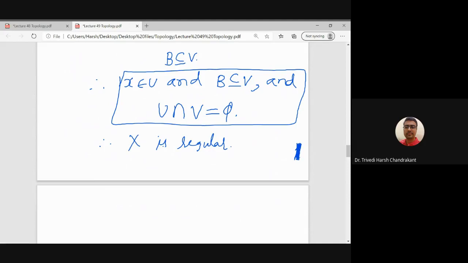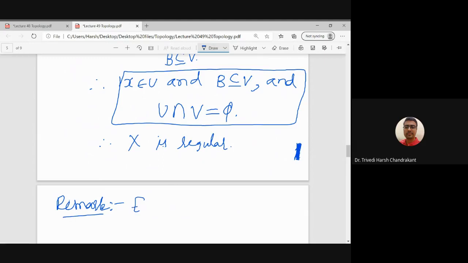So that means every normal space is a Hausdorff space. So let us write down by a remark that every normal space is Hausdorff.